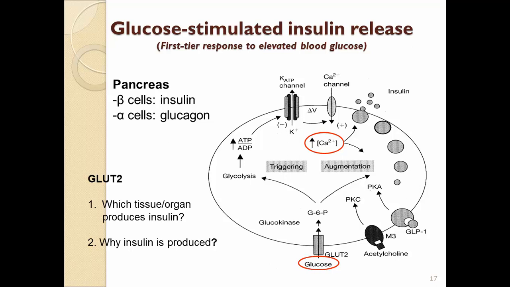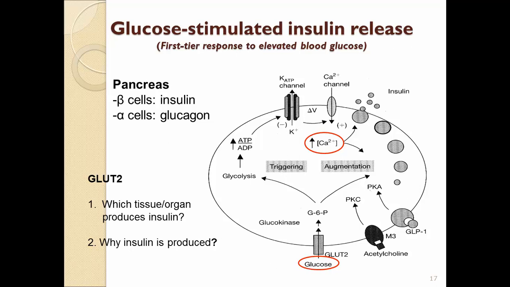and potassium can be kept in the cells, and this will lead to depolarization of the cell membrane, right? And eventually, because of the membrane depolarization, the calcium channel is open, so calcium can flow into the cell, causing an increased concentration of calcium.